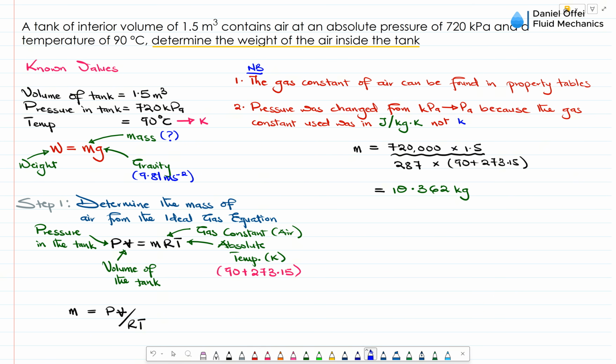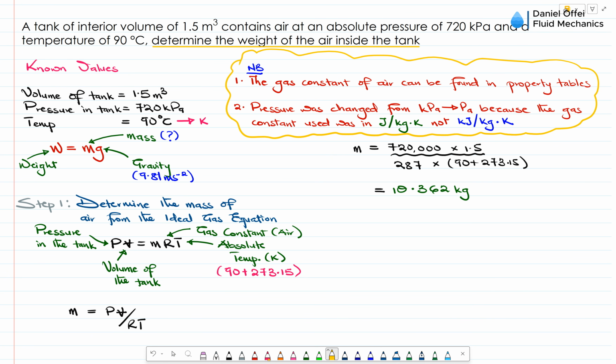So we need to change the kilo of the pressure to normal pascal. So once we have the mass of the gas, then we can determine its weight.